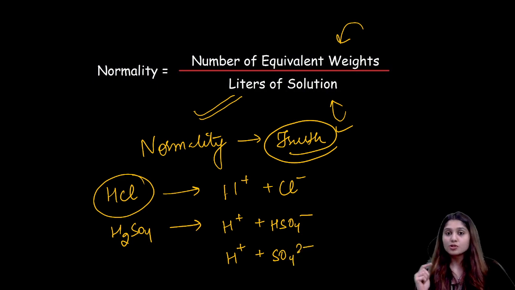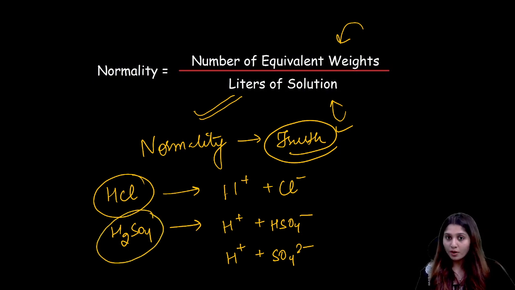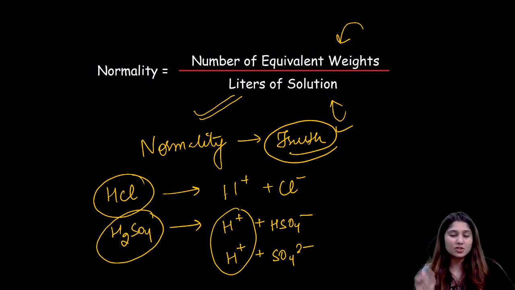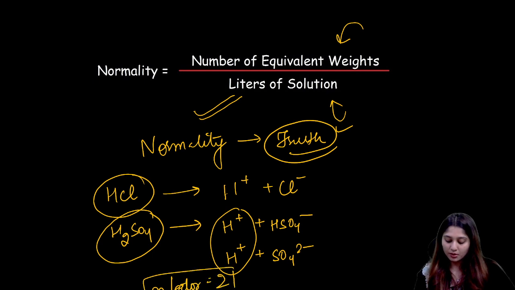So what is different in this case? 1 mole of H2SO4 is going to give me 2 times the H+ ions that you are expecting, because we only have 1 mole of H2SO4, but in that 1 mole we get twice the H+, because it is a diprotic acid, right. So in this case the truthfulness factor, which is actually known as the n factor in bookish language, is 2.